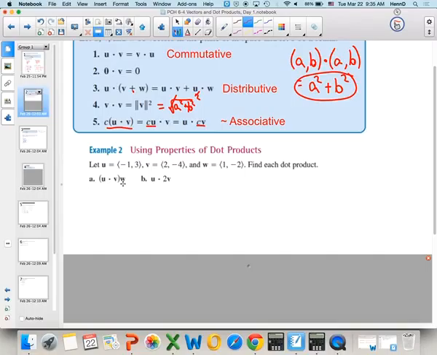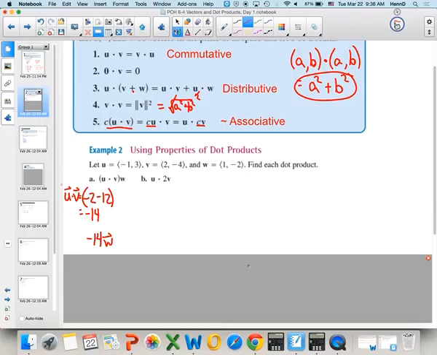So u dot v is negative 2 minus 12, so that's negative 14. Now I have negative 14 times vector w. Notice here I didn't need a dot because this is a constant times a vector.